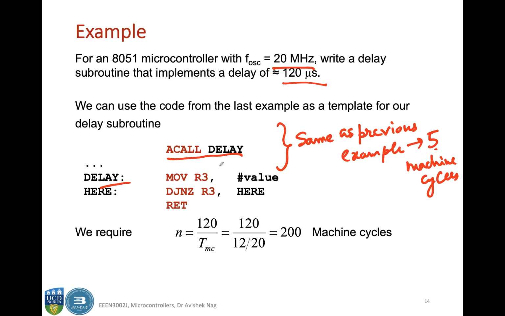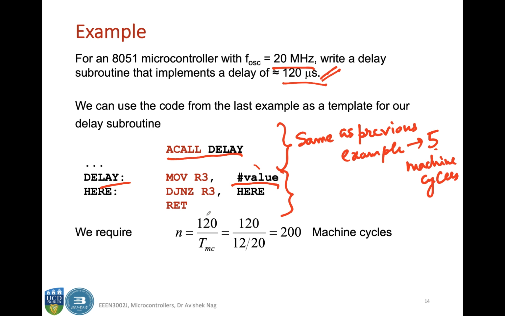Now let's see what's happening inside the delay subroutine here. Your delay subroutine also has the same structure, but here you have to load a value which you don't know, which you have to calculate based on the fact that you have to generate a 120 microsecond delay. So let's work backwards.